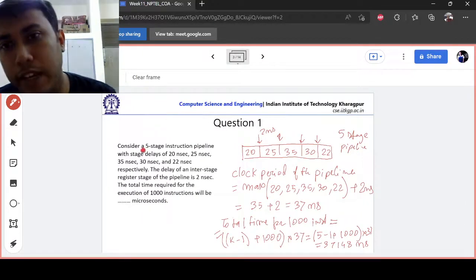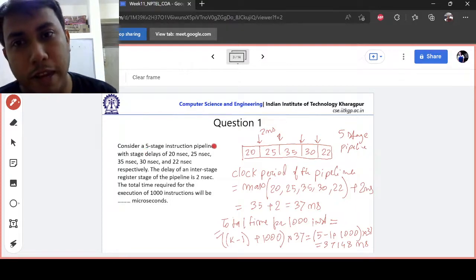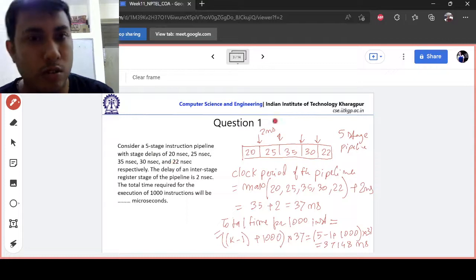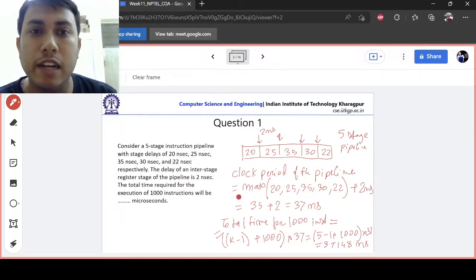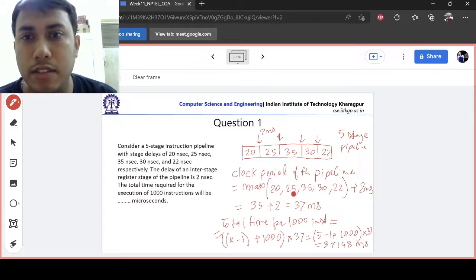So if you see here, you are given a 5 stage instruction pipeline with delays 20, 25, 35, 30, and 22. The clock period of this pipeline is actually the one with the maximum time.